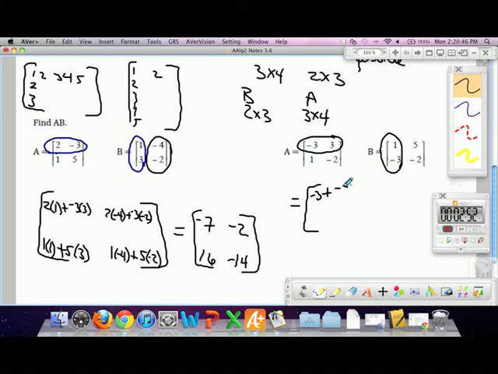That will give me the first element of my product. If I want the element that's in row 1, column 2, I'll multiply row 1 in the first by column 2 of the second. So negative 3 times 5 is negative 15, plus 3 times negative 2, which is negative 6.